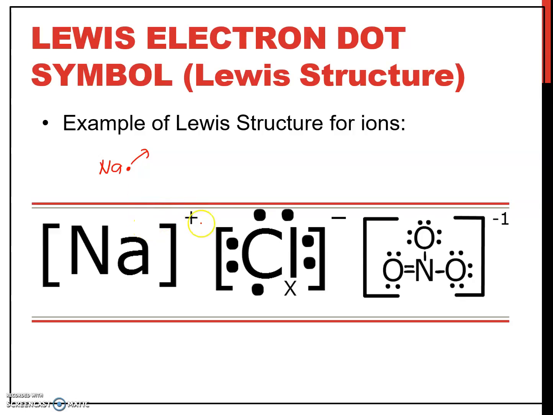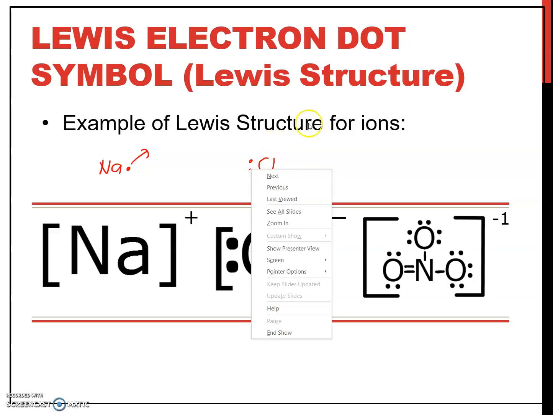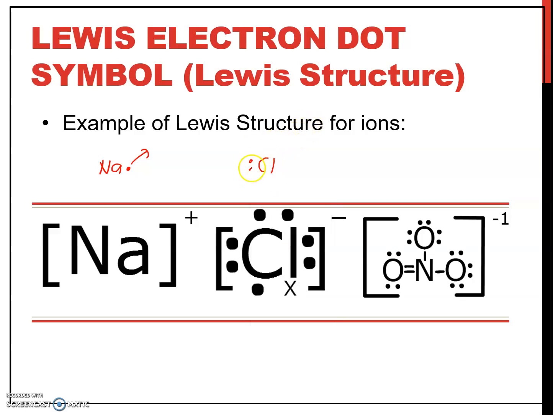Okay, for chlorine, the neutral atom has 7 valence electrons: 1, 2, 3, 4, 5, 6, 7. With the addition of 1 electron, chlorine becomes an ion with charge -1.